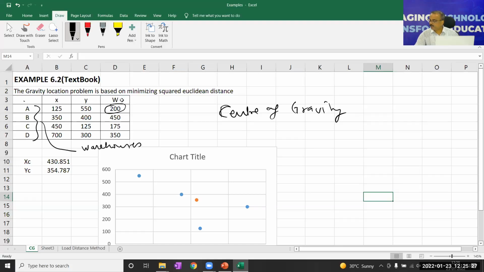For example, this factory has to supply 200 to warehouse A, 450 to warehouse B, 175 to warehouse C, and 350 to warehouse D. So this is nothing but the weight, or we can say the load that exists on that particular warehouse.